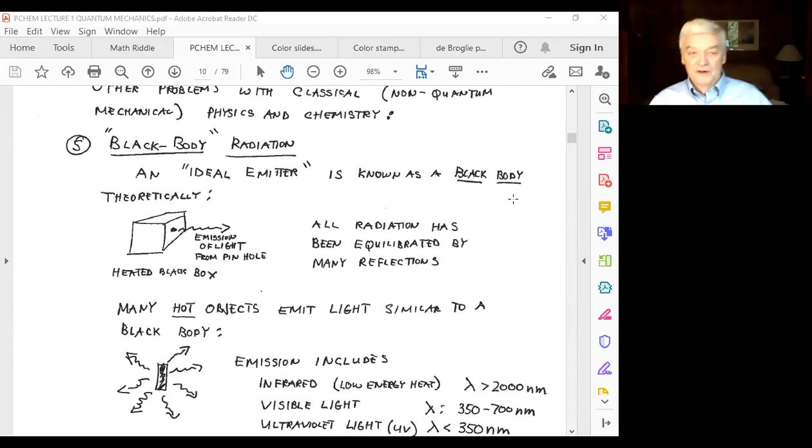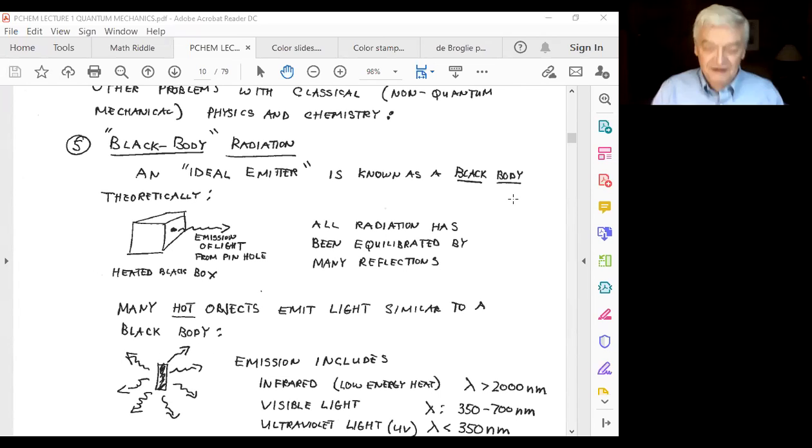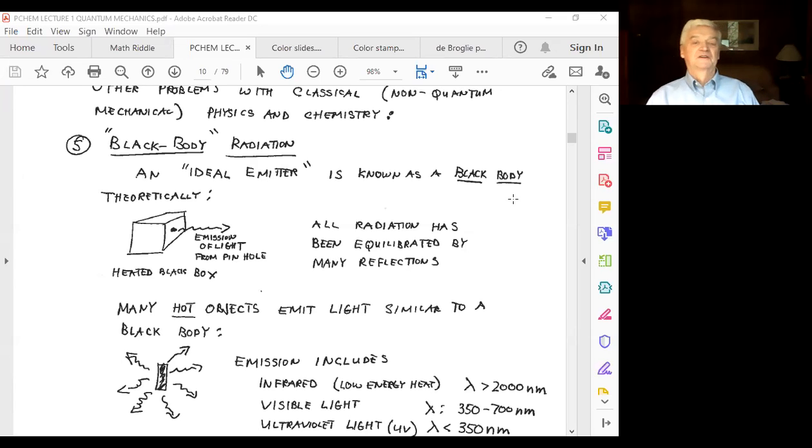The last two experiments are, for our purposes, rather more difficult to understand, but I'll tell you about them historically. And especially for the next one, I want to tell you about this because I'm friends with the grandson of the fellow who got a Nobel Prize for explaining this on an early basis.